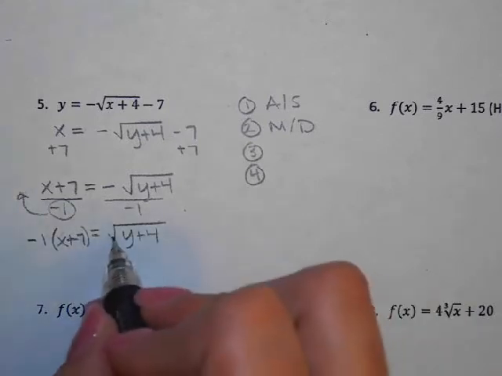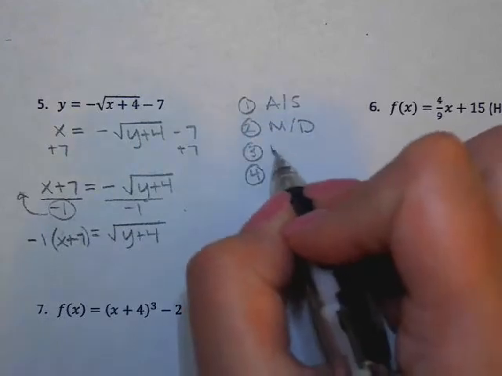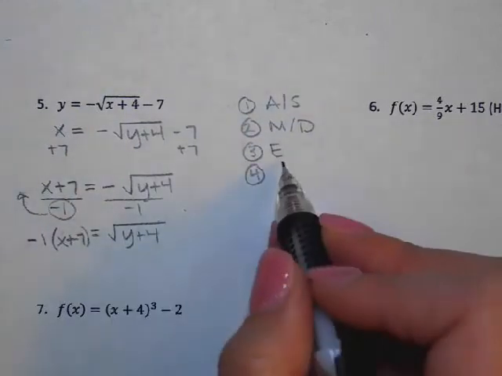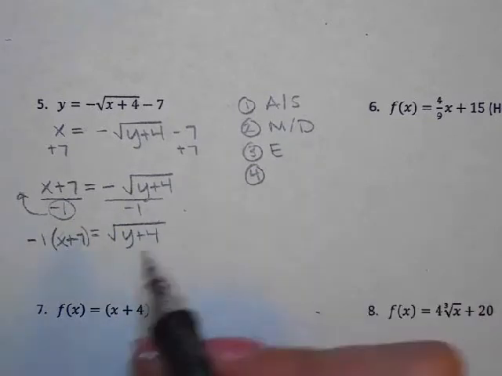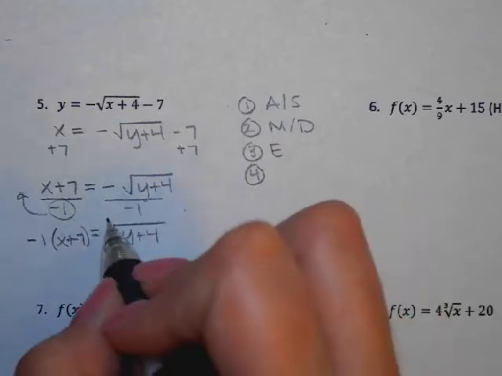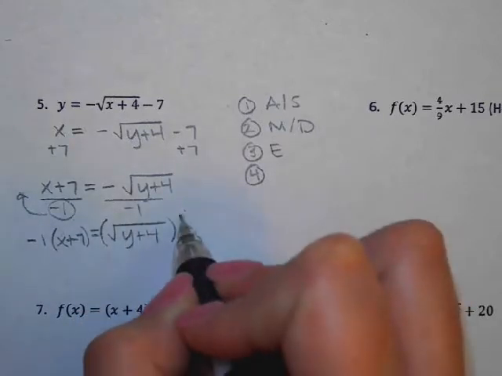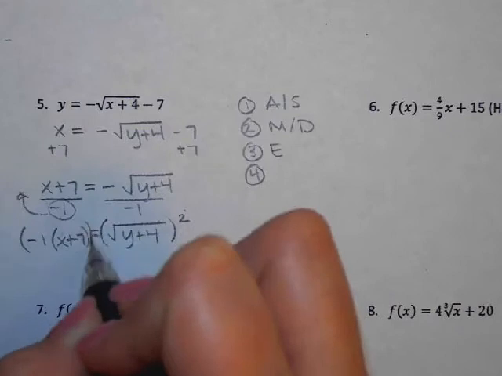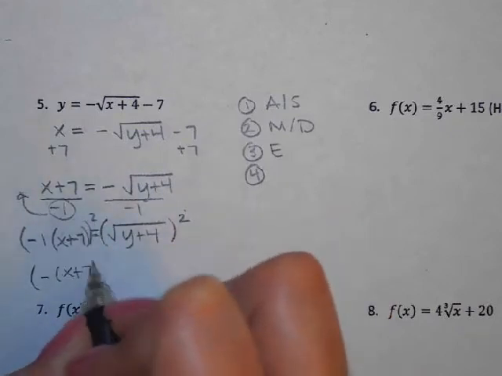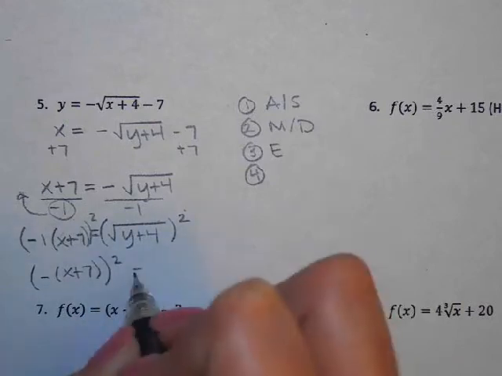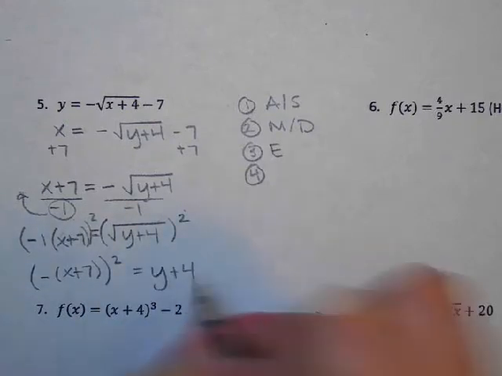All right, next we have to get rid of the square root. When it says that, it either means that you're going to use an exponent to undo something, or you have to undo an exponent. Here we're going to use an exponent to undo the square root. So I've got negative of x plus 7, that's being squared, equals y plus 4.